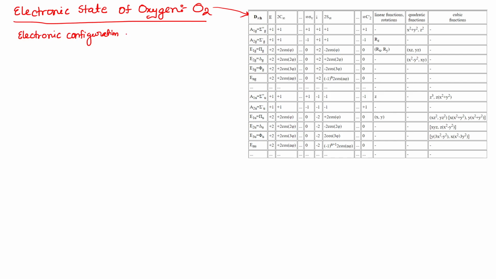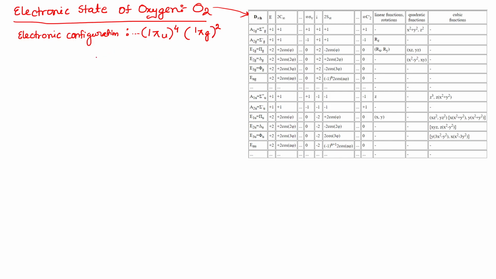In MO, it is 1 pi u 4. Before that, there are other fully occupied MOs, but it is 1 pi g. These actually are unpaired electrons.